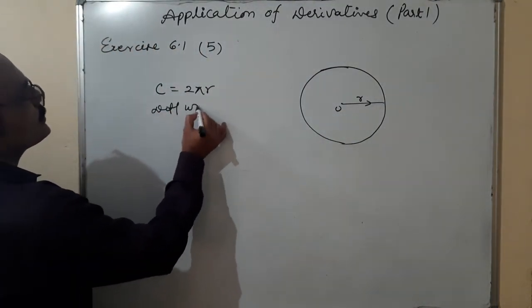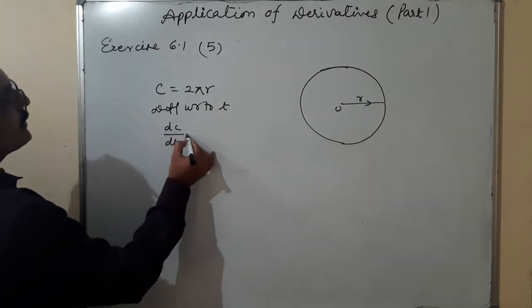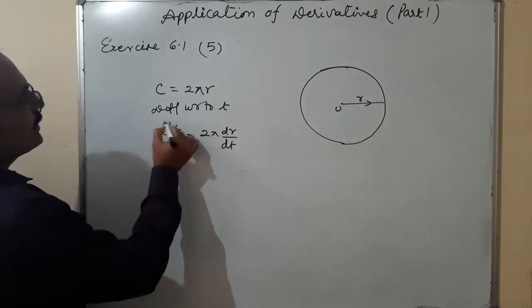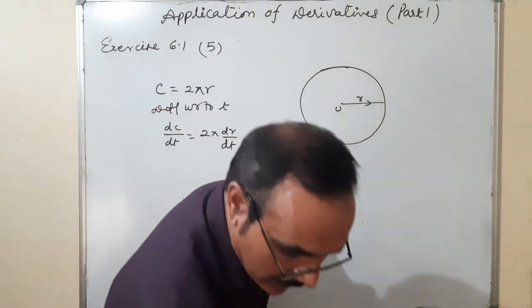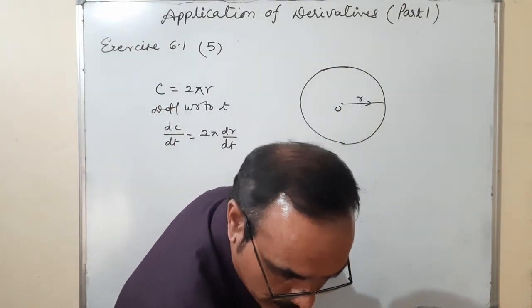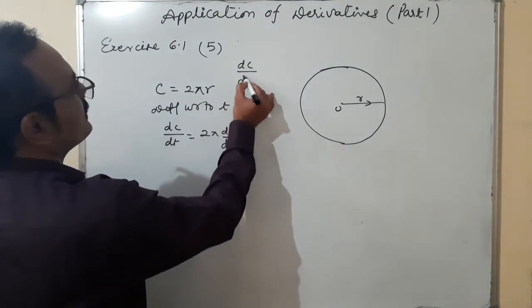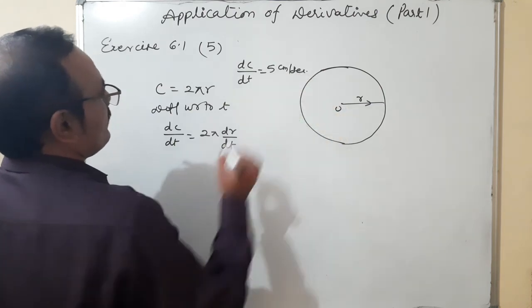Differentiate with respect to t, dC upon dt is equal to 2 pi dr upon dt. Okay, waves are increasing at the speed of 5 centimeter per second. So that means dC upon dt is equal to 5 centimeter per second given, right?